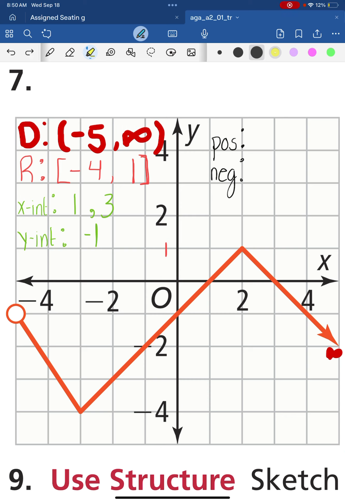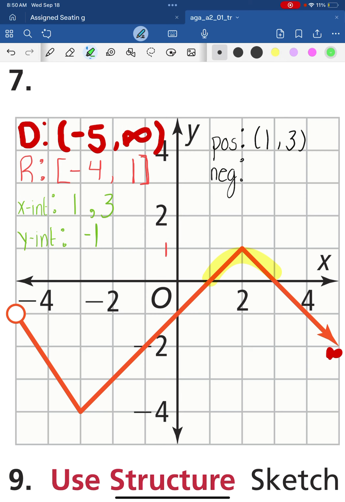So my function is positive from 1 to 3. Where my function is negative is where it's below the x-axis.